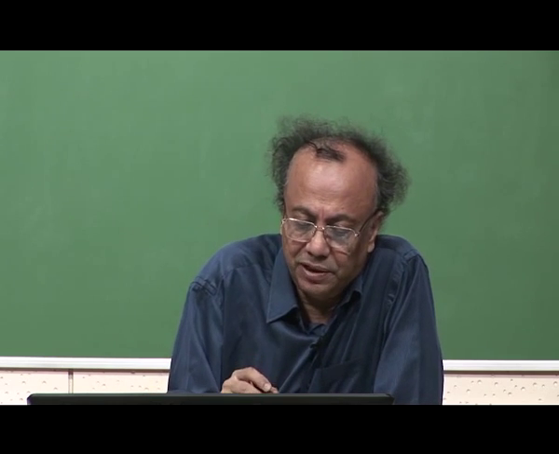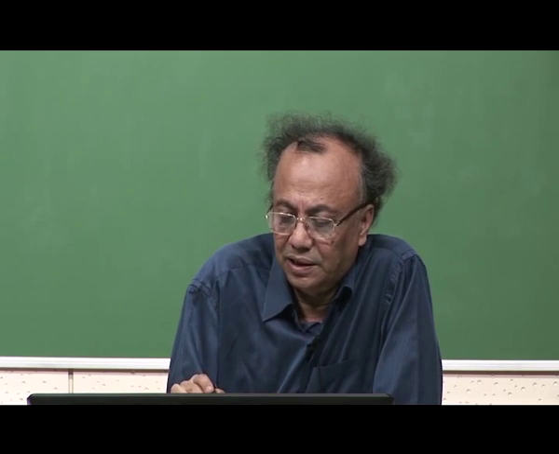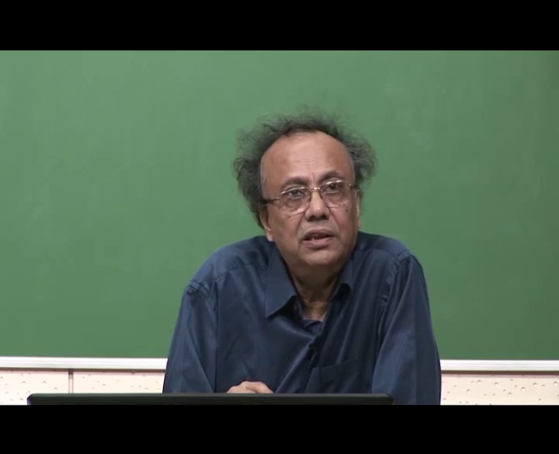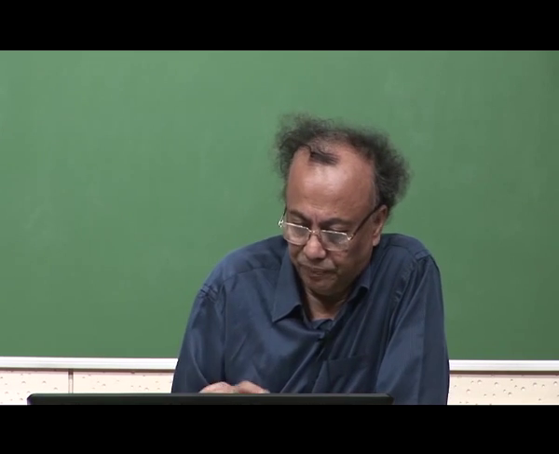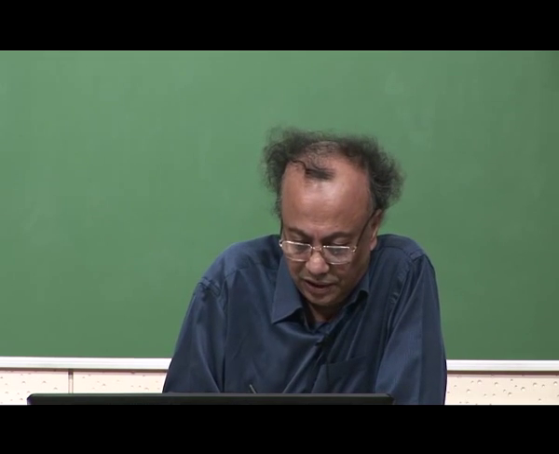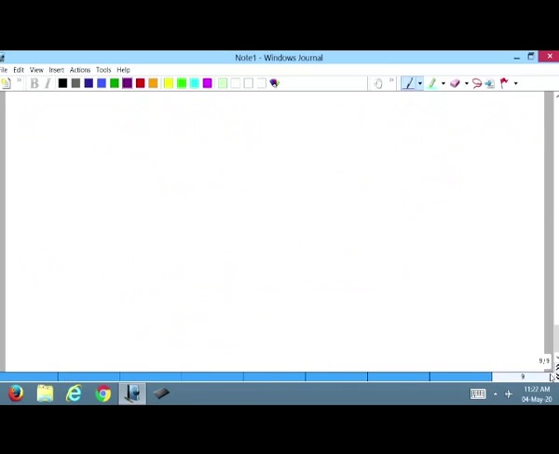So, this probability is called a posteriori probability, that is after the result we are looking at the probability of the initial event. As you know, this can be solved using Bayes theorem. So, what is it?